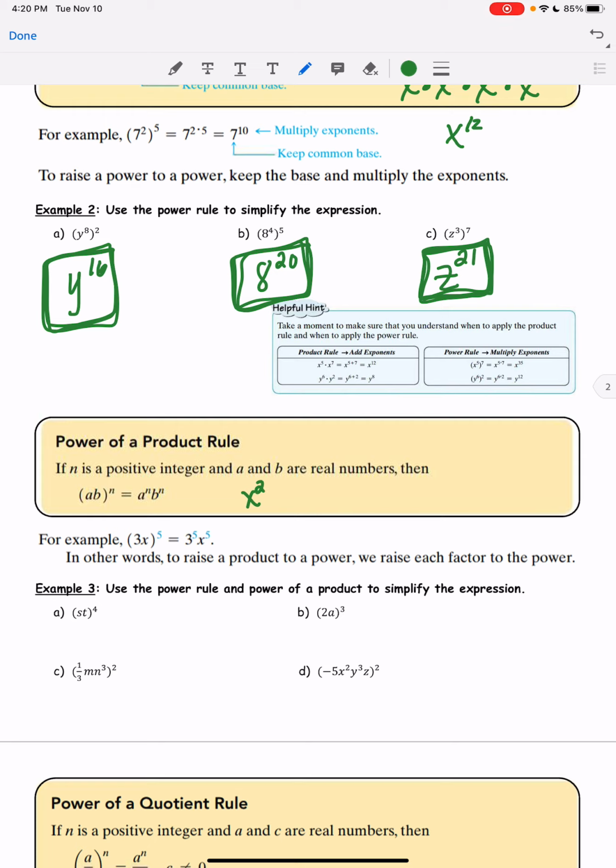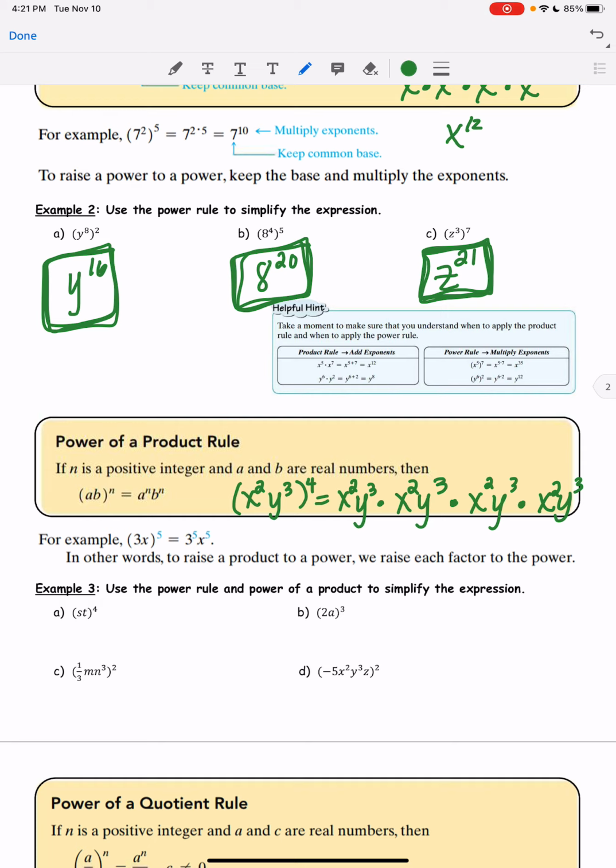If you have x squared, y cubed, and this is all to the 4th power, this is x squared, y cubed times x squared, y cubed times x squared, y cubed times x squared, y cubed.